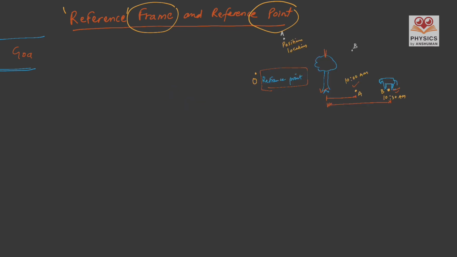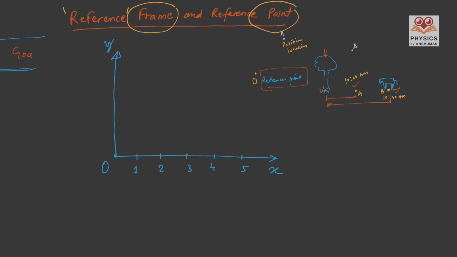And very interestingly, if you attach some scales with that reference point O, we call it an axis, so an x-axis with a scale 1, 2, 3, 4, something like that, and maybe a y-axis also.